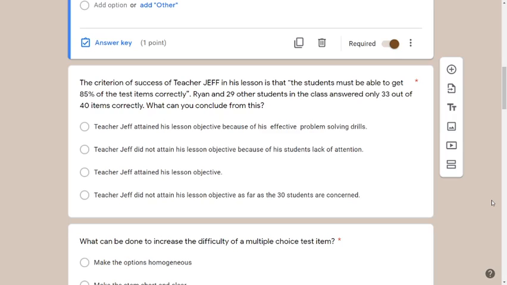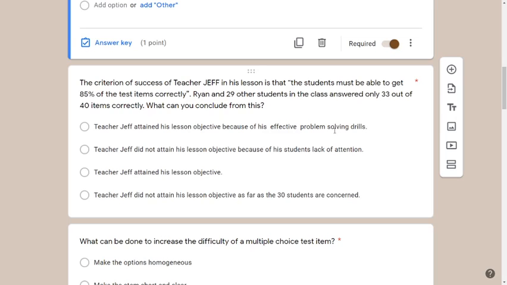Okay, so let's go back here and check the options. For the first option, I already find something wrong with it. Let me explain why. It says teacher Jeff attained his lesson objective because of his effective problem-solving skills. I find this option problematic.